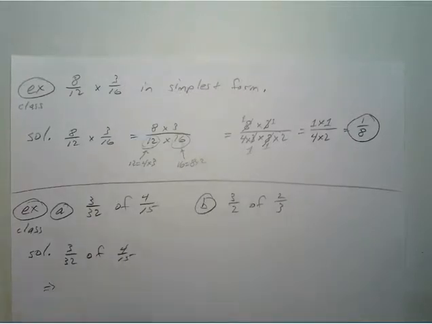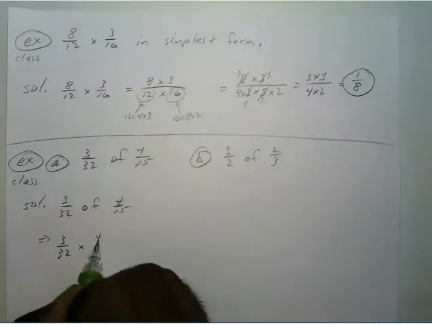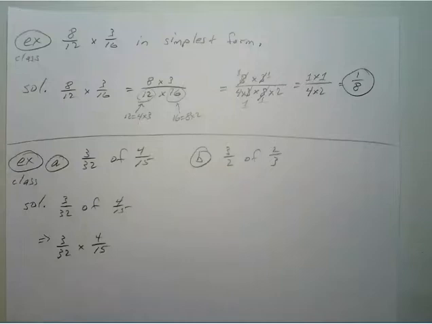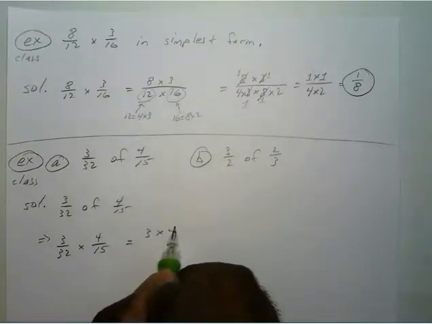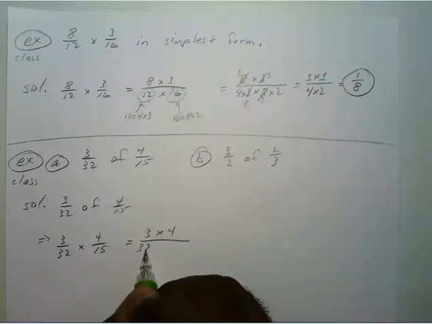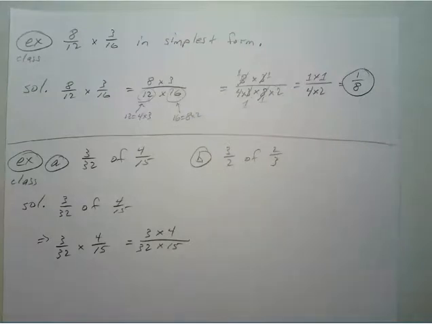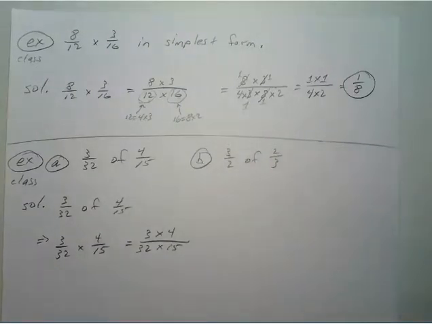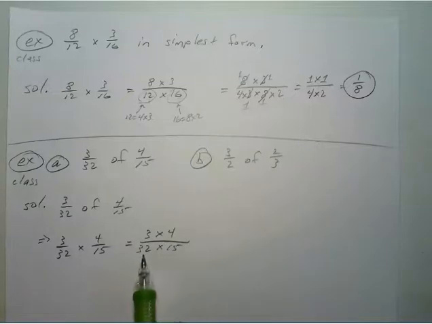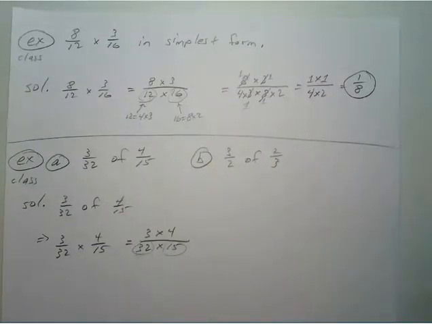That's just 3 over 32 times 4/15, which is 3 times 4 over 32 times 15. And again, if you want to multiply 32 times 15 and then try to simplify it from there, you can. It's just going to be a lot more work. It's easier to simplify it before these numbers are multiplied.